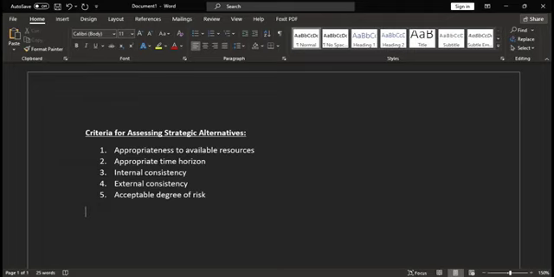What are the benefits of strategic adoption?